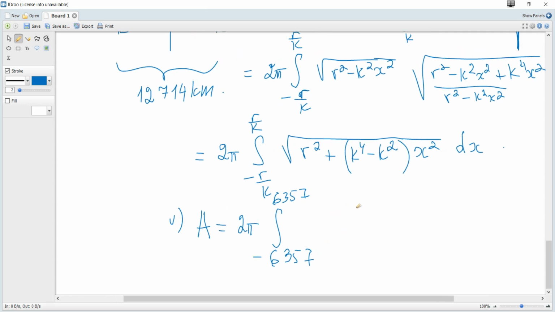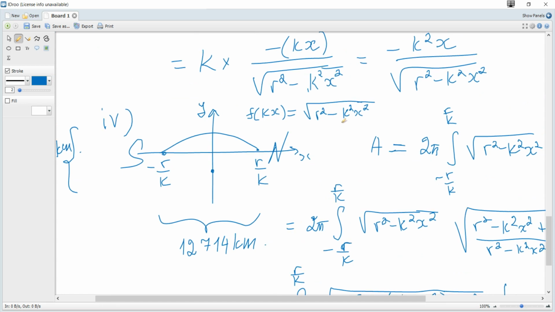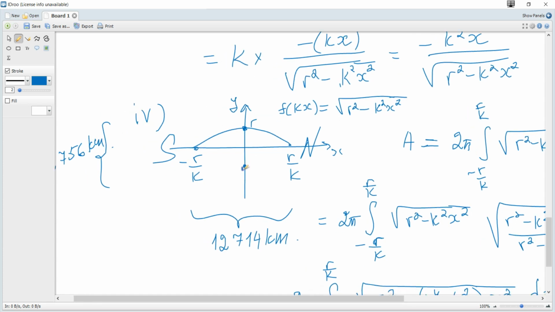And what is r? If we consider the given function, when x is 0, the y-intercept is just r, and it is given that the distance from negative r... why is it negative r?